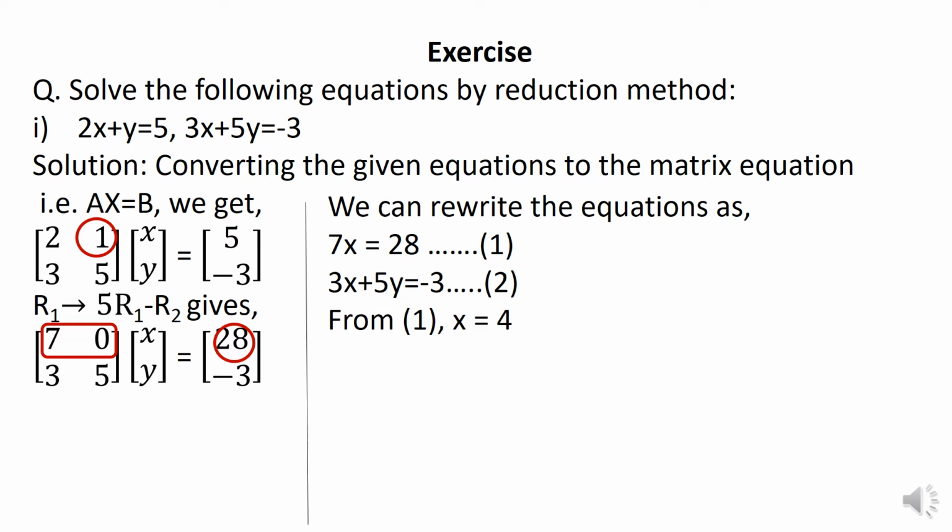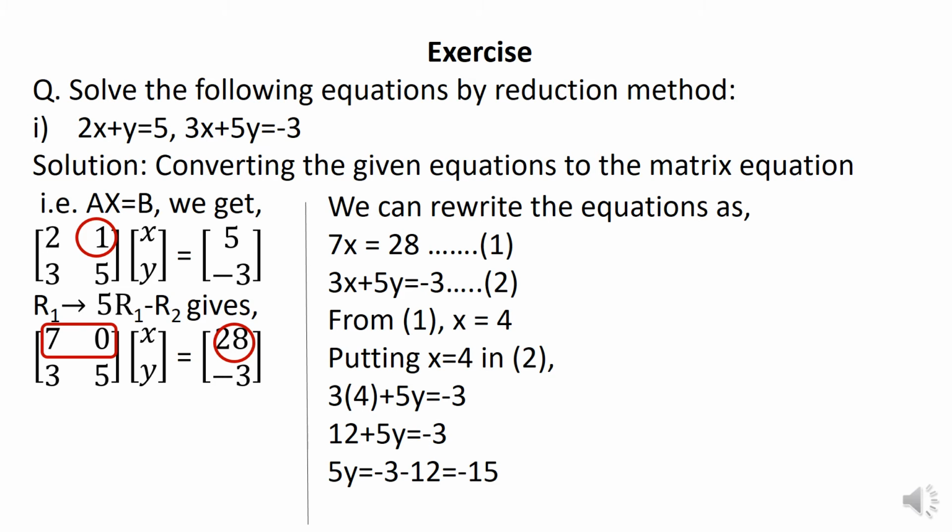Now from the first equation we get x = 4. So we got the answer for x. Then putting x = 4 in the second equation, we get the answer for y by solving it this way. Thus we get x = 4 and y = -3 as the answer.